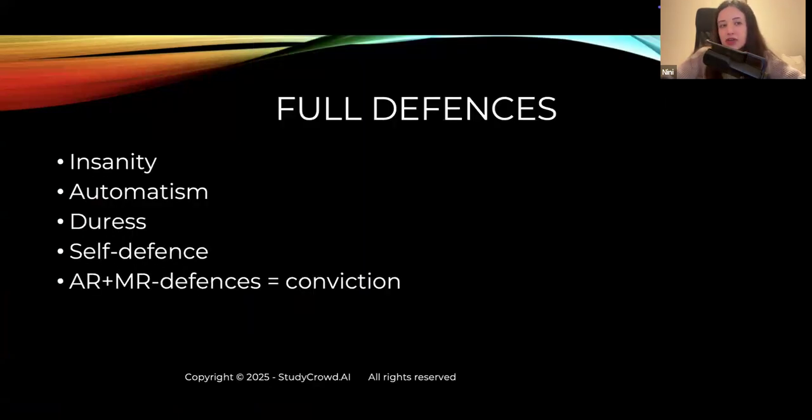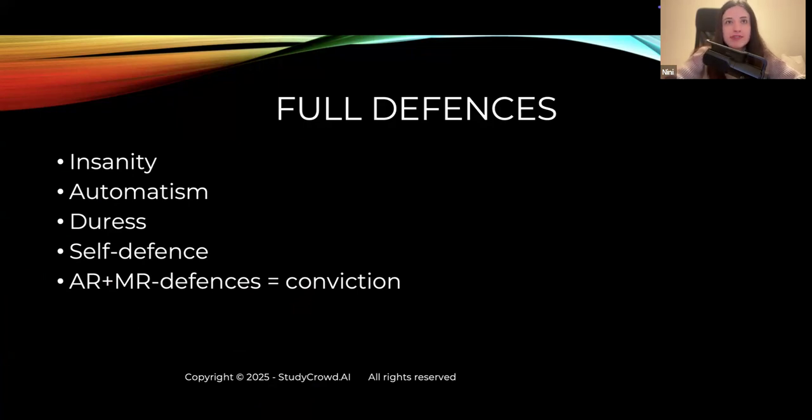Defenses, like full defenses, for example, this applies to all the crimes, like insanity, automatism, duress. But for the purposes of fraud, it's very unlikely that any of these defenses would apply. Maybe duress, maybe.